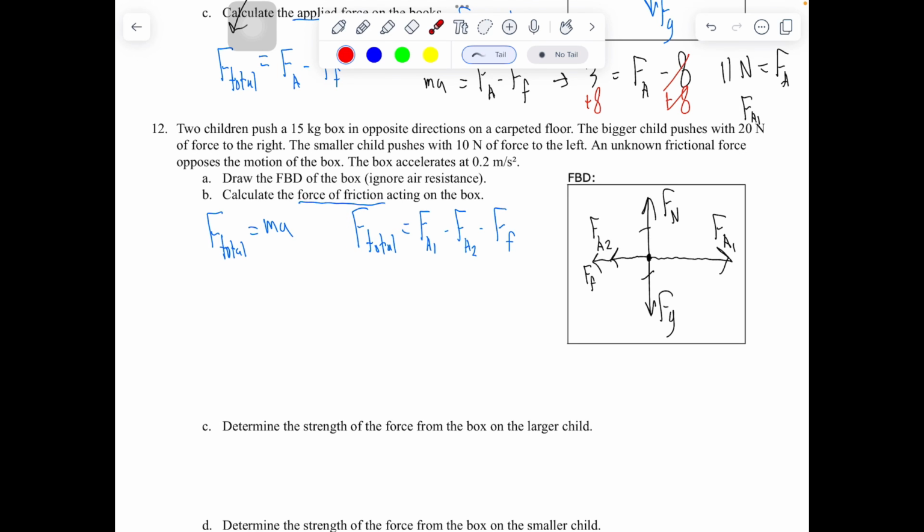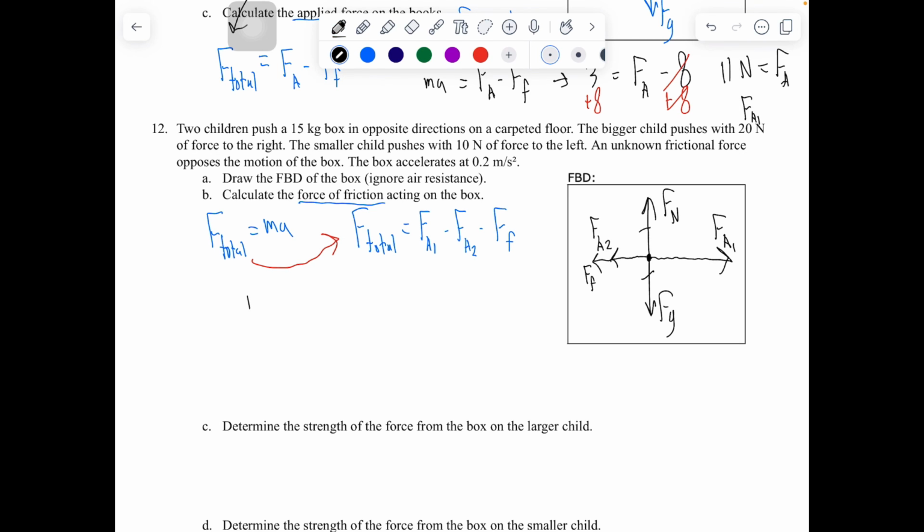This is where we need to substitute in one equation for the other to solve. Set your two equations equal. The mass times acceleration, which is the total force, is equal to all of this. So plug this in. Replace F total with mass times acceleration.